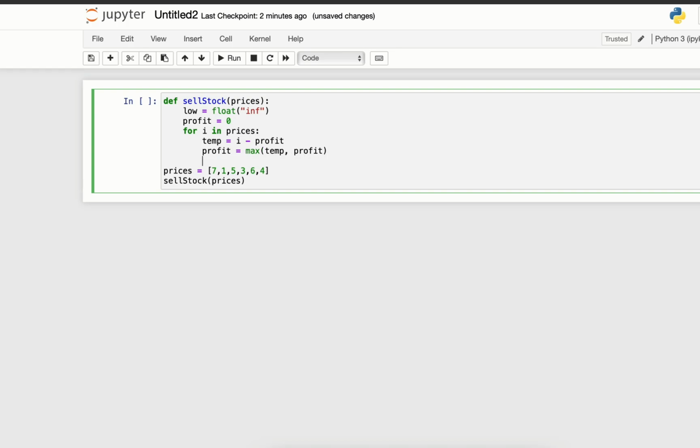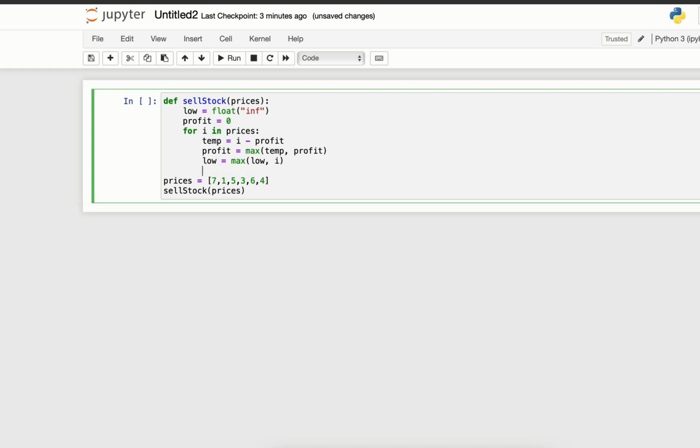After that I need to update the low value, which is equal to the min of low comma i. After that, return profit.